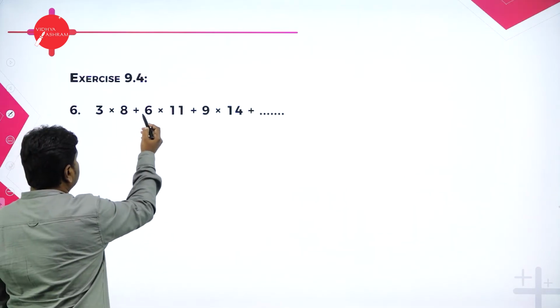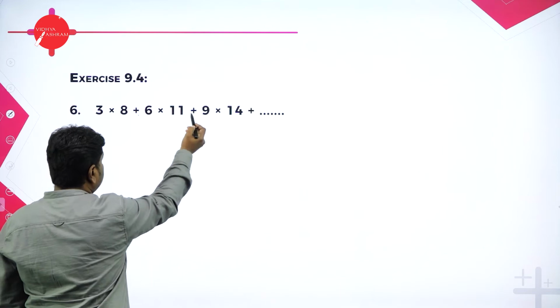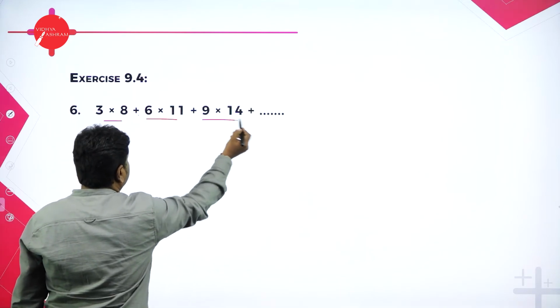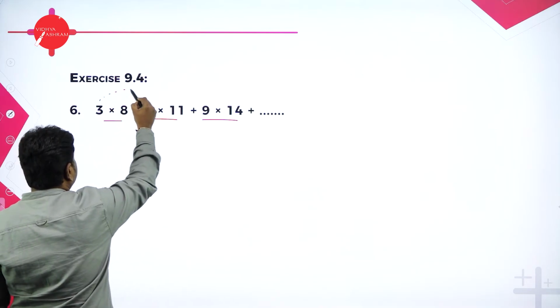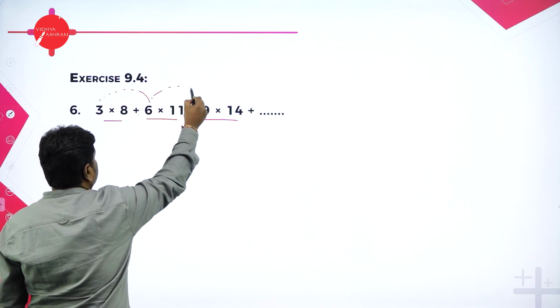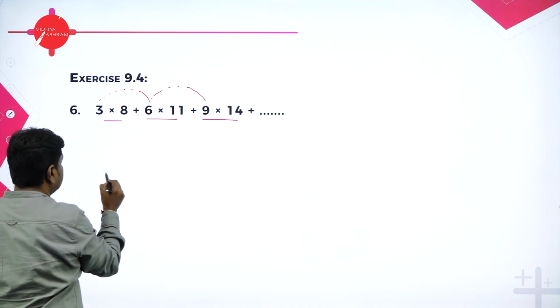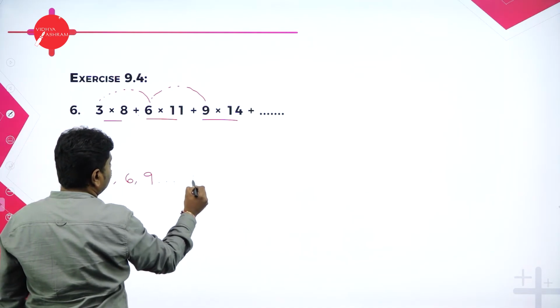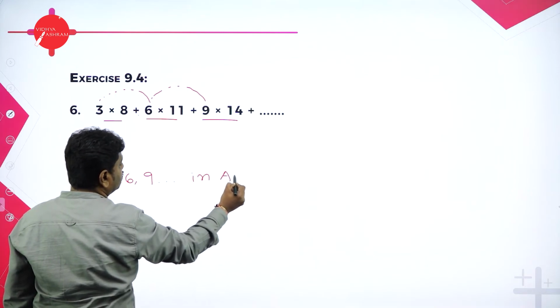Now the series is 3 into 8 plus 6 into 11 plus 9 into 14. This is one term, this is another term, this is another term. Observe this: 3, 6, 9 and so on are in arithmetic progression.